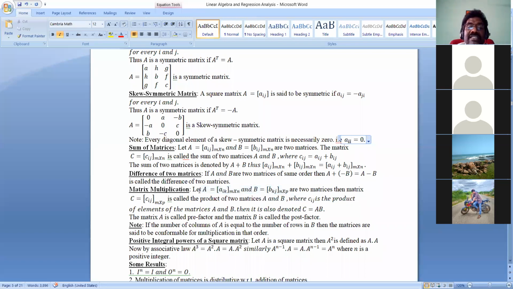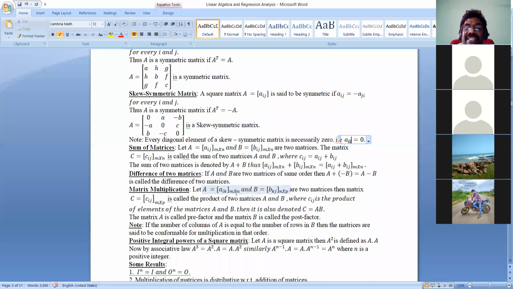If these two matrices satisfy that condition, that means the number of columns in A is equal to the number of rows in B, that is A equal to A_ik, M by N, and B equal to B_kj, N by P, then the size of the resultant matrix is the number of rows in A by the number of columns in B. For example, if A is a 3 by 2 matrix and B is a 2 by 3 matrix, then the resultant matrix is a 3 by 3 matrix.